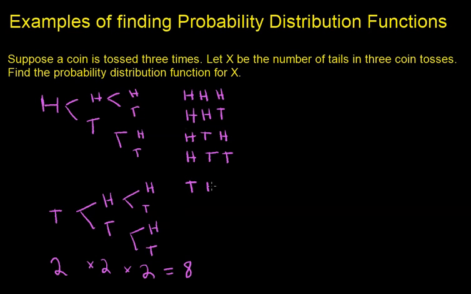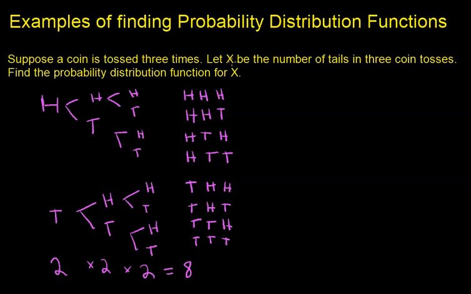So we have T, H, H, T, H, T, T, T, H, T, T, T. Okay, we have 8 listed there.